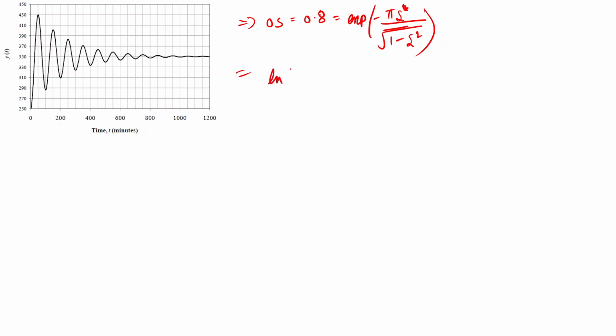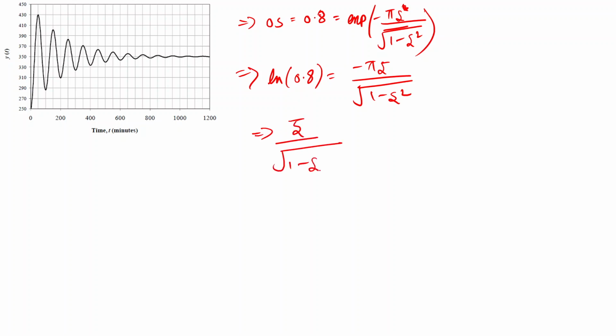So we will be having ln of 0.8 is equal to minus of pi zeta upon under root of 1 minus zeta square. So in this we can write it as zeta upon under root of 1 minus zeta square is 0.2231 upon 3.1417.